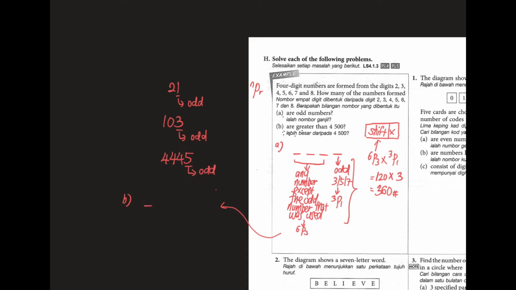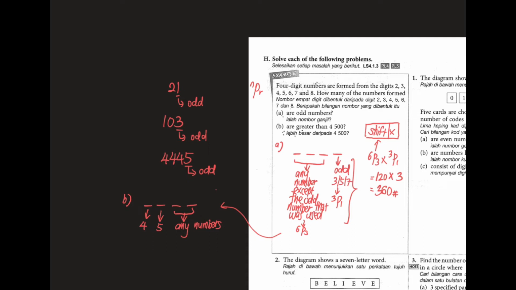So 4-digit, the first one is 4, the second one is 5, and this one can be any numbers. Then it will be greater than 4500. If I put only like this, this is just 4,500 something only.